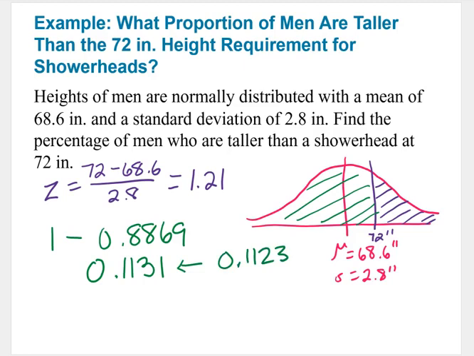So just know that if you use technology, it might give you a slightly different number, but still very, very close. But please know that when you are assessed, either of those answers would be considered correct, depending on if you use technology or not. So it's very important, when you're taking your assessments, to be very clear about if you're using technology or if you're using tables, so that your professors know the difference. Because I would look for both when I'm doing the problem.